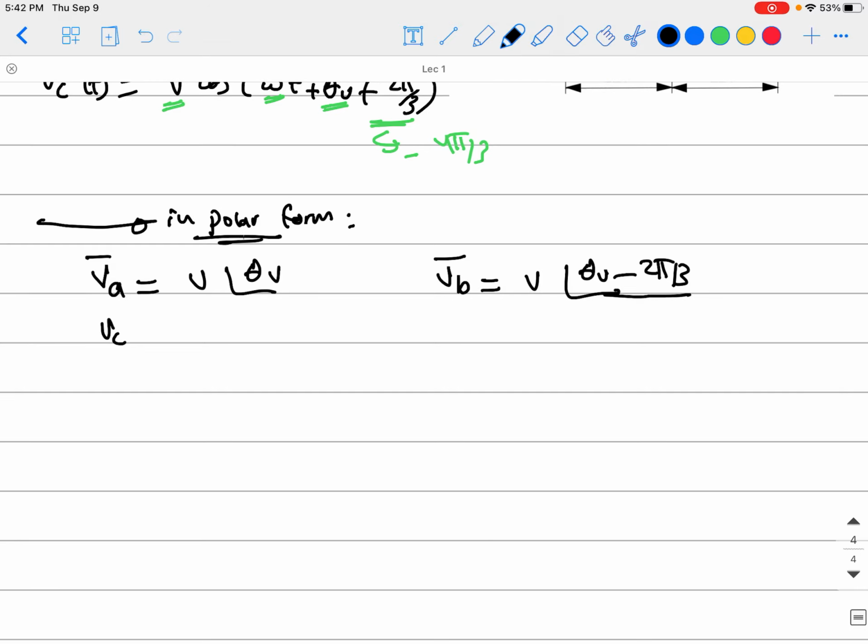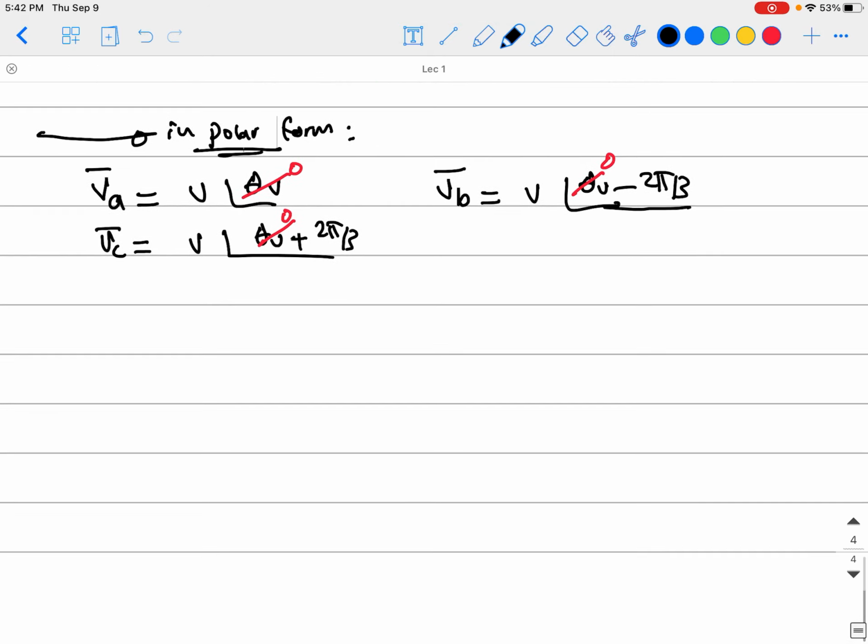And VC will equal V, the same magnitude, with angle theta V plus 2 pi over 3. If this initial phase shift equals 0, they will be VA equals V with angle 0, VB with angle minus 2 pi over 3, and VC with angle 2 pi over 3.